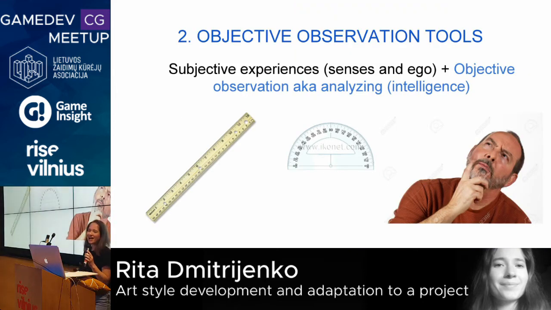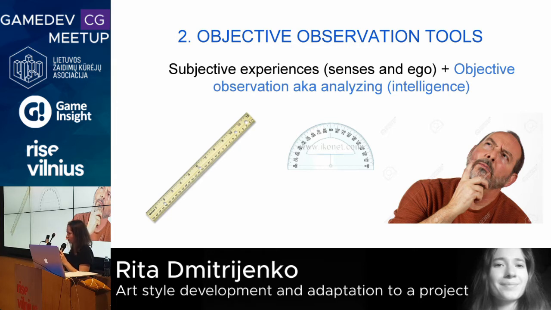So, objective observation tools. We already talked about subjective experiences: your senses, your ability to see a thing, and your ego, your ability to understand a thing using your past experiences. So we're adding a new variable to the equation, which is objective observation skills, AKA analysis, which is intelligence.